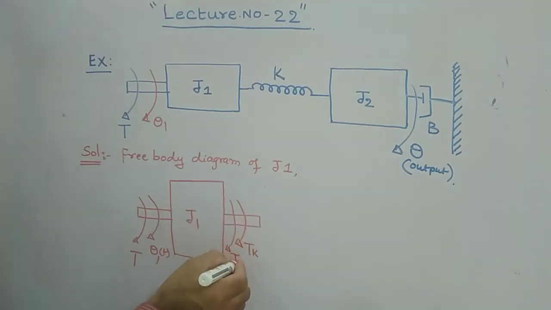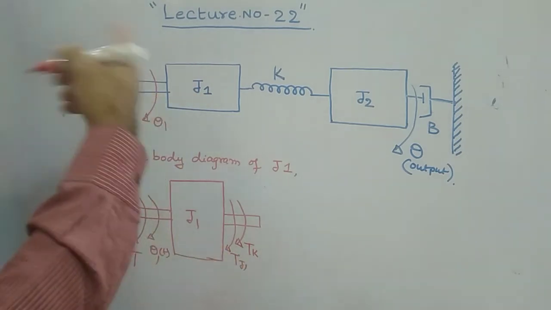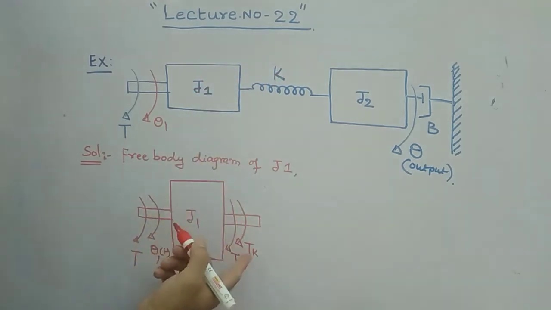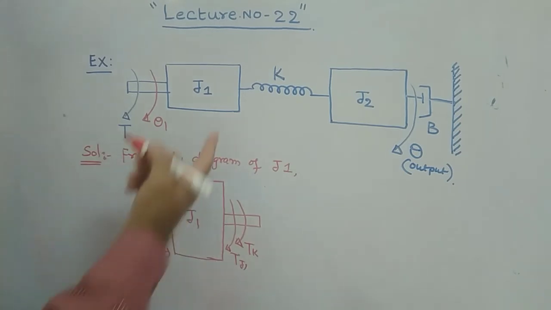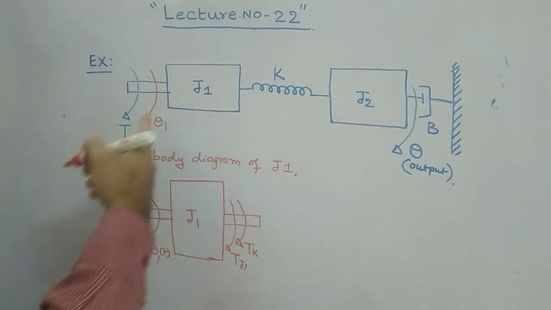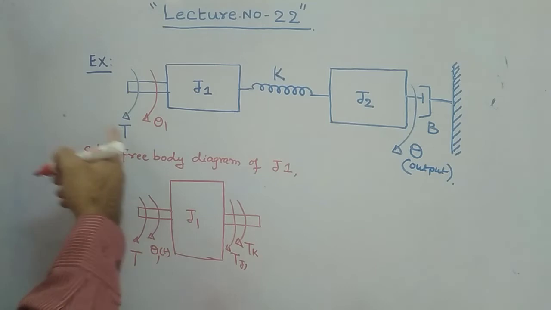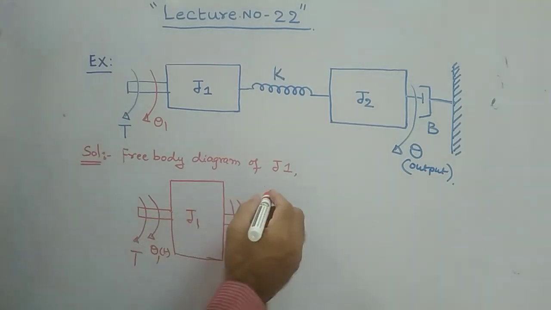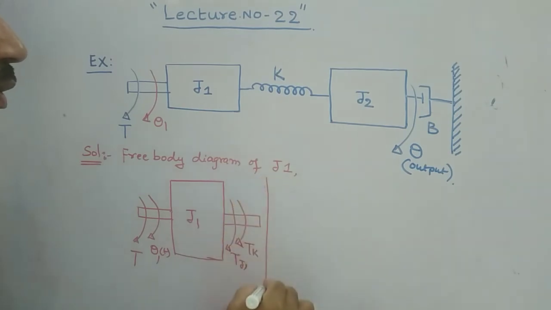T suffix J1, because the moment of inertia itself opposes with some torque, and then the torque applied is opposed by this K element. These are the two basically. However, this is the displacement and this is the applied torque.